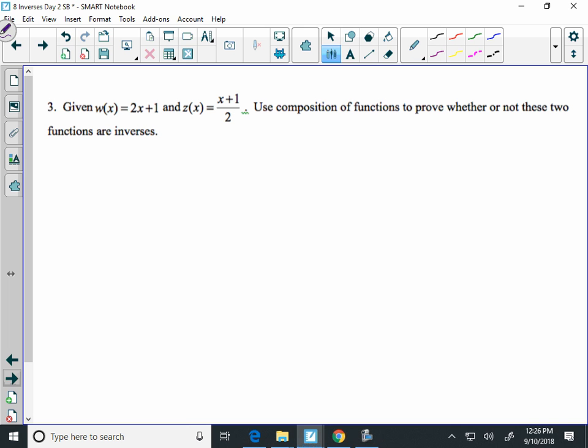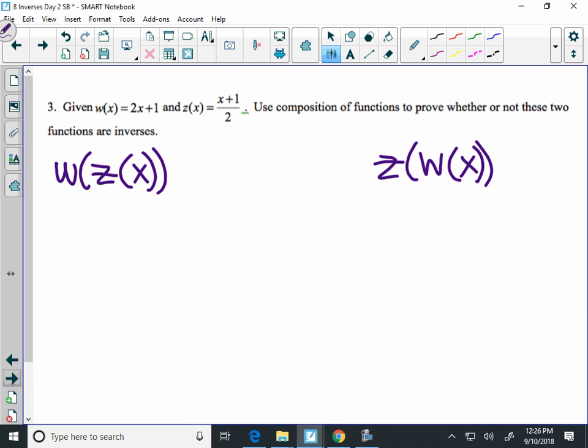So we need to do both compositions. We need to do w of z of x, and you need to do z of w of x. You must show both compositions. Don't give up after one or make a decision. You have to do both.